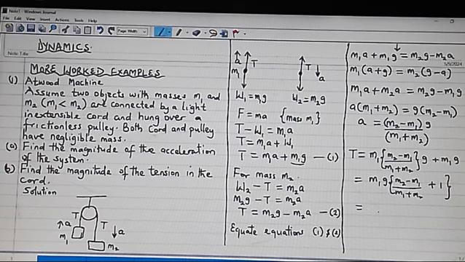If we further simplify, we'll have m1g into [(m2 minus m1) plus (m1 plus m2)] all divided by (m1 plus m2).